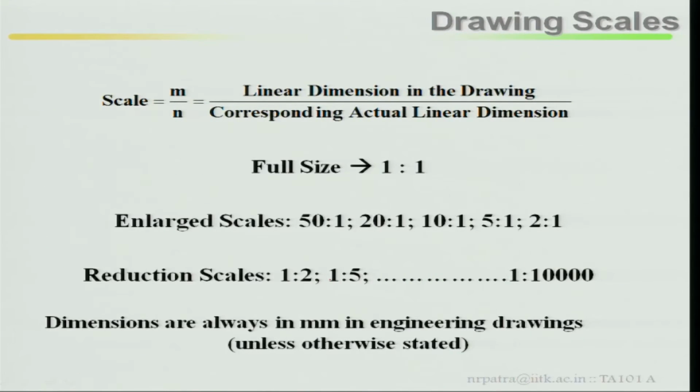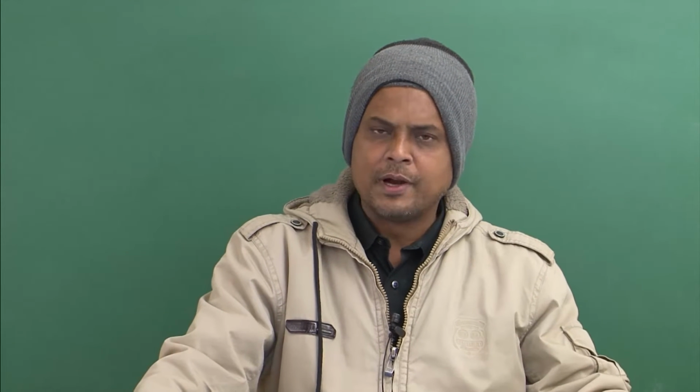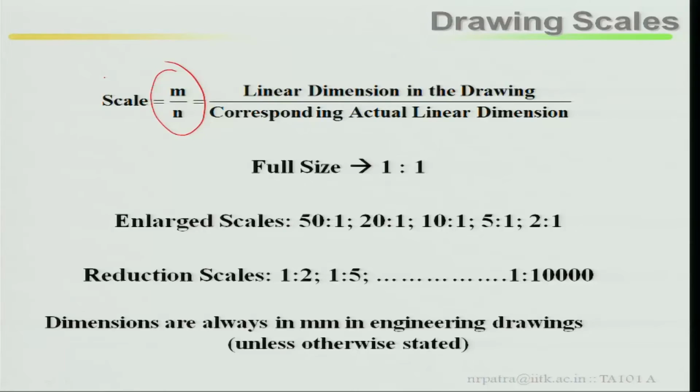Then another part is your scale. Before starting your drawing, you have to decide on a scale. Generally, scale is m by n: the linear dimension in the drawing and the corresponding actual linear dimension. Full size is 1:1. If I want to enlarge, where the actual dimension is suppose x, and I want to show it in an enlarged view in the drawing, generally you write 50:1, 20:1, 10:1, 5:1 and 2:1.